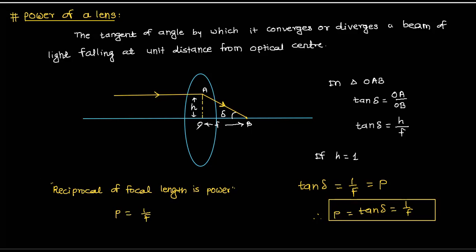But in case of convex lens, you can write this definition so that you will understand better. That is power P is equal to tan delta is equal to 1 by f, and that is the tangent of angle by which it converges or diverges a beam of light falling at unit distance from optical center. Okay, finished. Let's move ahead.